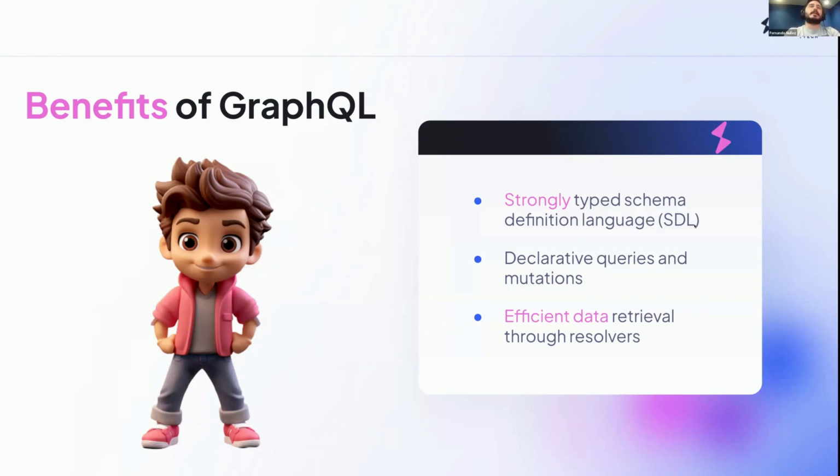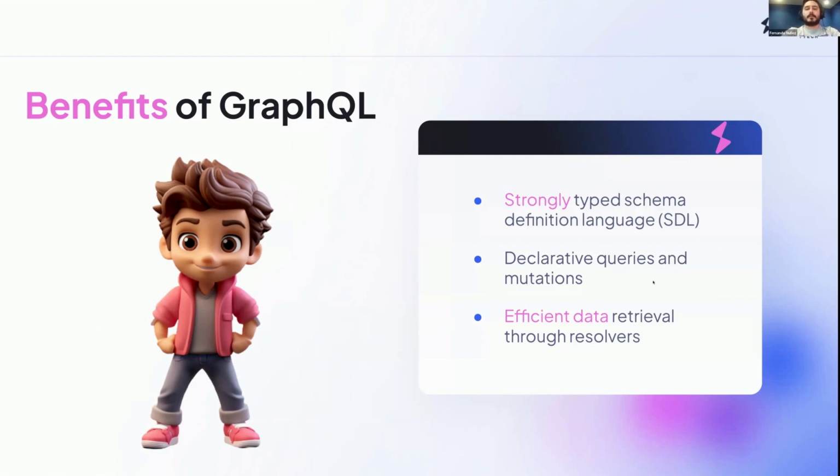Basically, this SDL allows us to have an explicit and self-documented API with strong type safety, and it also gives us a set of introspection tooling that can help us when we are trying to generate a query or a mutation. That way we know which parameters we can send and which attributes we should receive and their types.